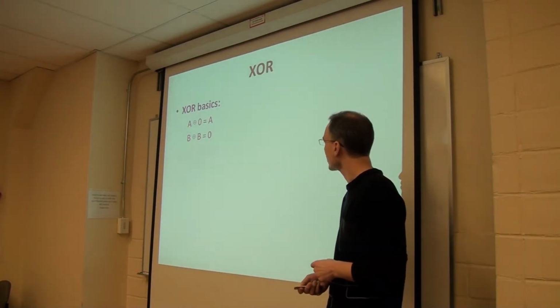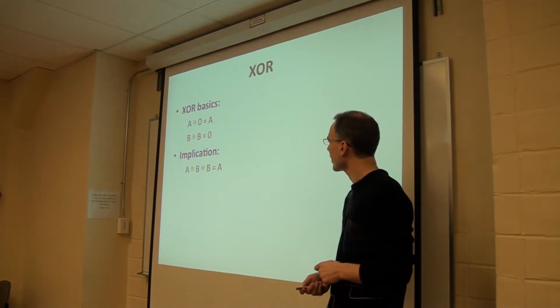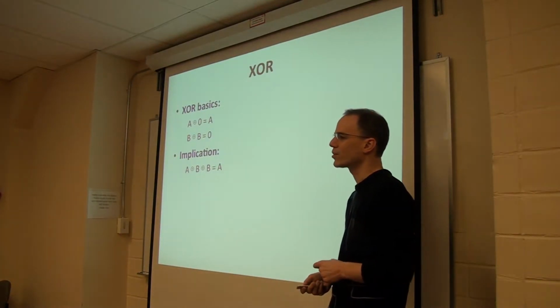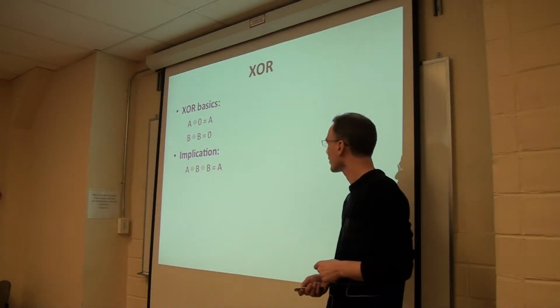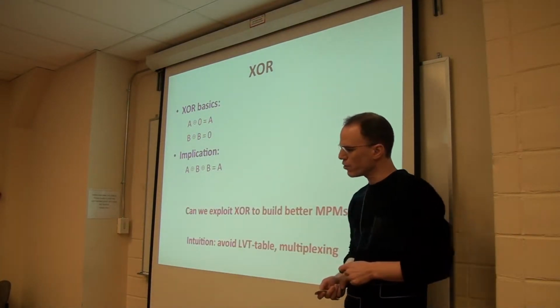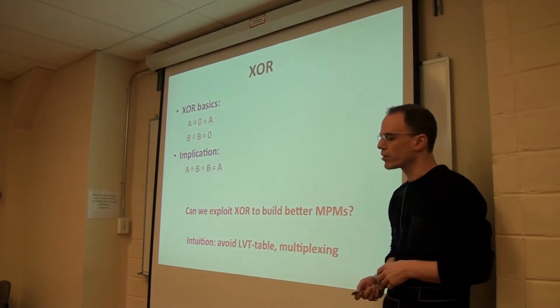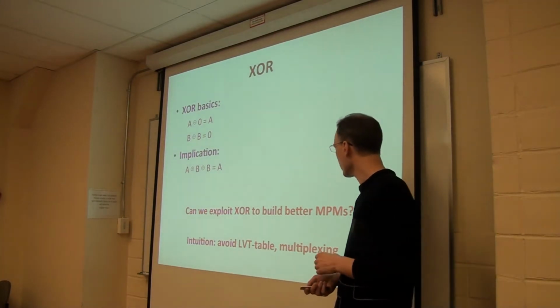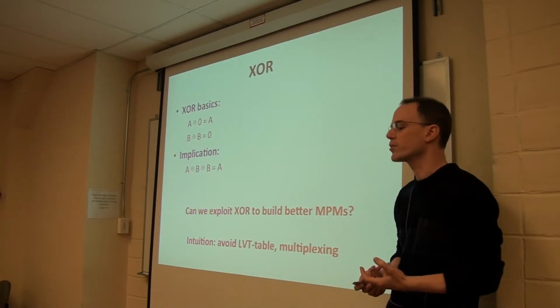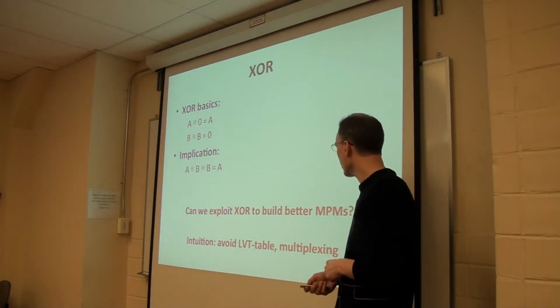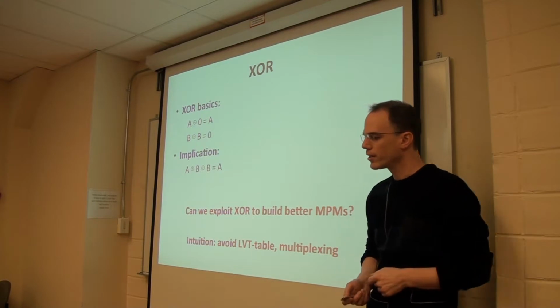If I combine these 2 things, that means if you have A XOR B XOR B, you'll get A back. You get the original value. And that's the property we're going to exploit. So the question is, how can we use that to build better multi-ported memories? And the intuition is we want to avoid the logic required for that live value table and for all the multiplexing at the output.